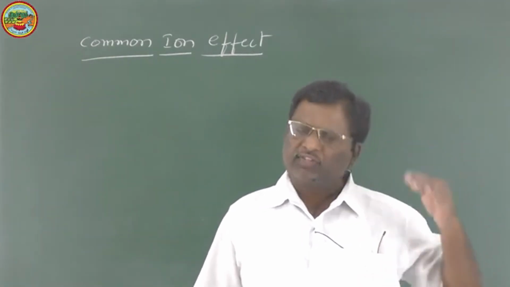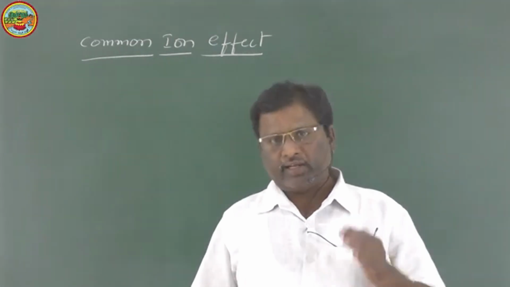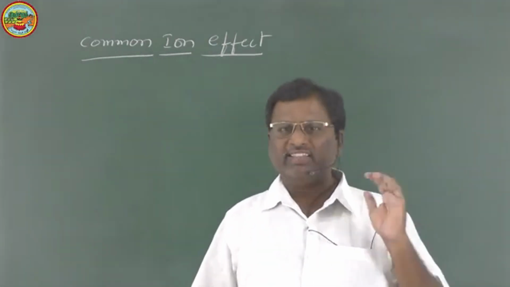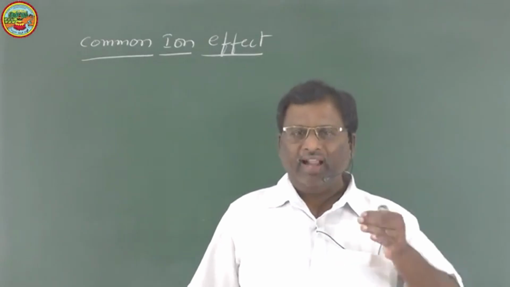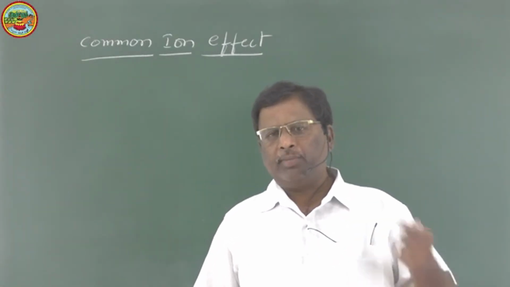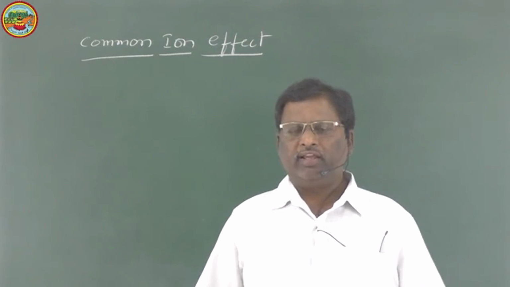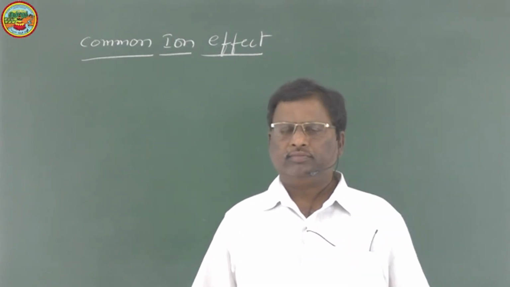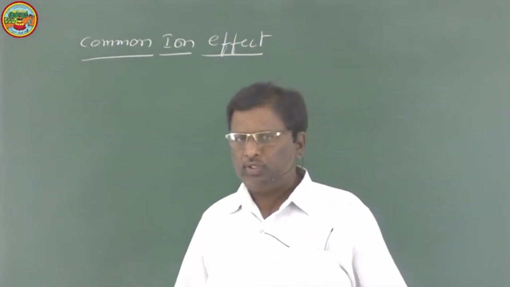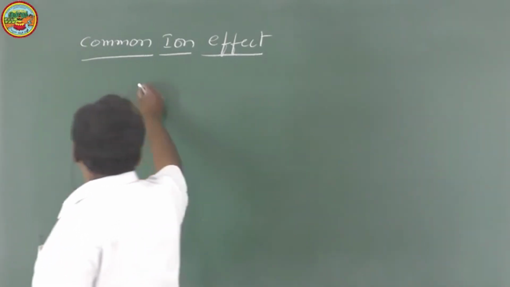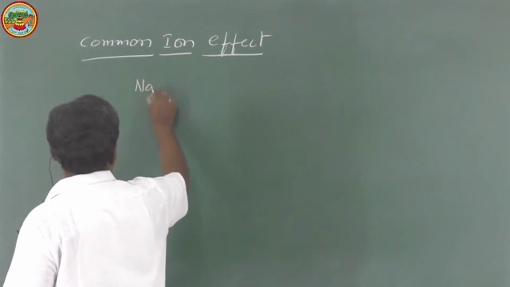The extent of solubility can be controlled or decreased by adding a common ion, anion or cation, that is present in that salt. For example, NaCl is soluble in water.